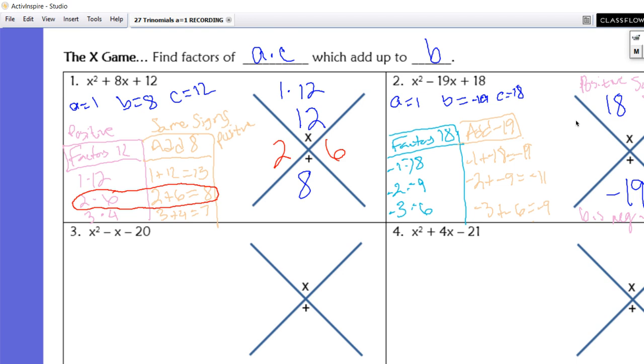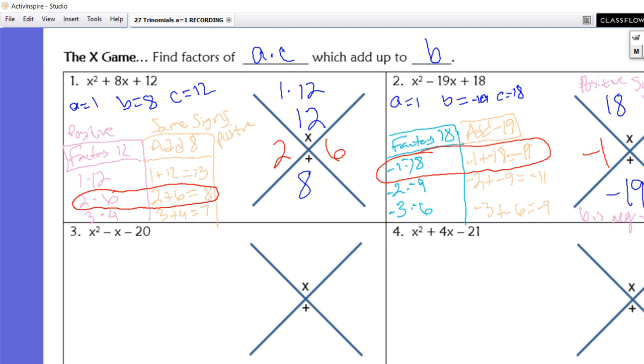So the line that works for us in this one is the one that uses the negative 1 and the negative 18. So negative 1 times negative 18 is positive 18, and negative 1 plus negative 18 is negative 19. So that would be what would work for our game.